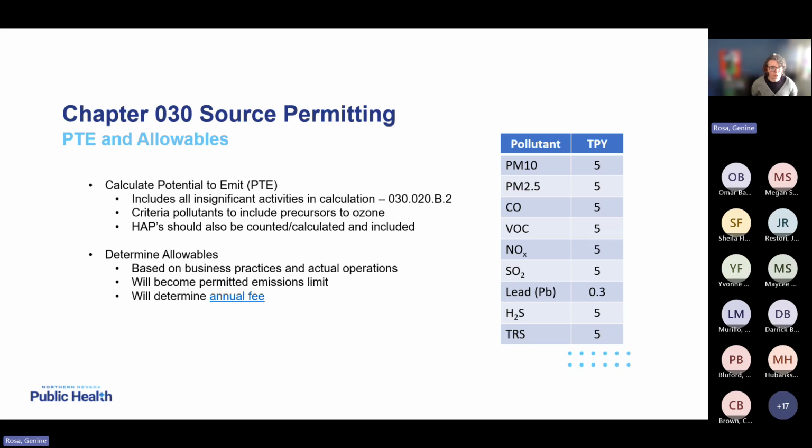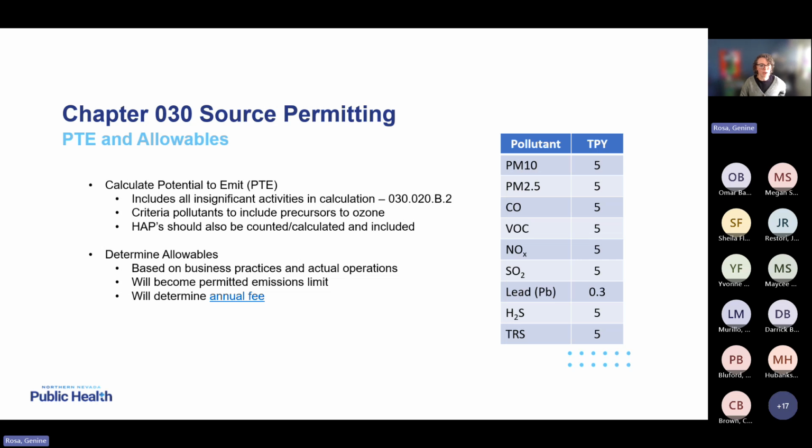When you're calculating your potential to emit, you need to include all insignificant activities in the calculation. That list is found in 030-020B2. And then criteria pollutants, that includes precursors to ozone. Precursors to ozone are VOC and NOx.